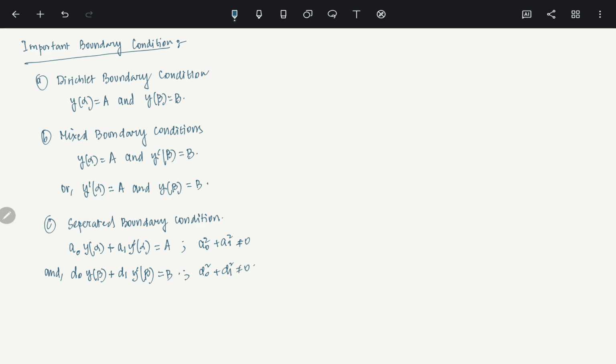Why this condition? See, if both the coefficients a naught and a1 are 0, then you do not have any data at alpha, and the same thing holds for beta. So you want that condition.